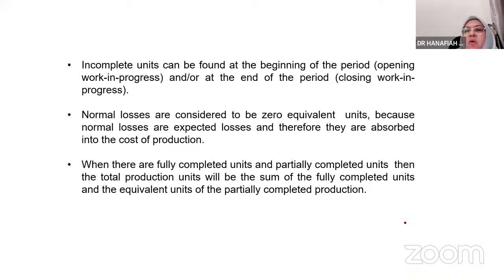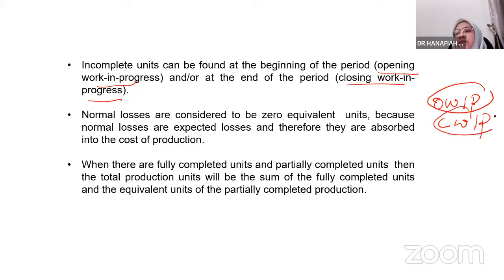That's why you have opening work in progress, the short form OWIP, and closing work in progress, the CWIP. In order for us to calculate these two, we need the percentage of completion.